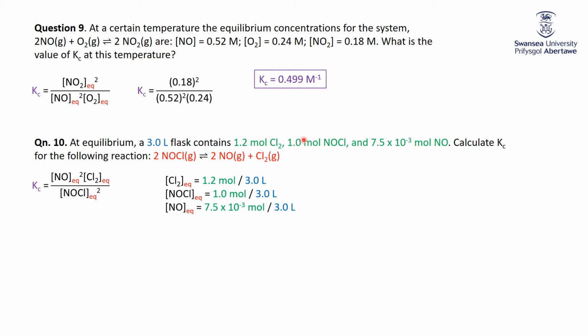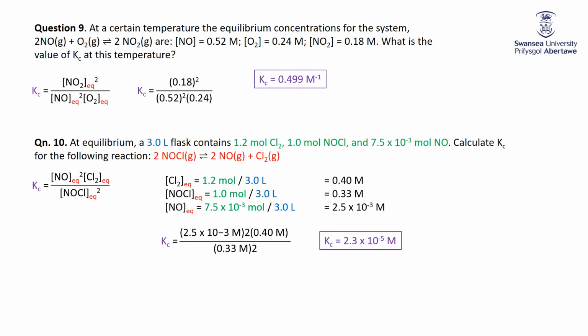The NOCl, 1 mole in 3 litres. The NO, 7.5 times 10 to the minus 3 moles in 3 litres. So get those values, and now again, just like the previous question, throw them in because they're told that's at equilibrium, and we get a nice value of Kc.